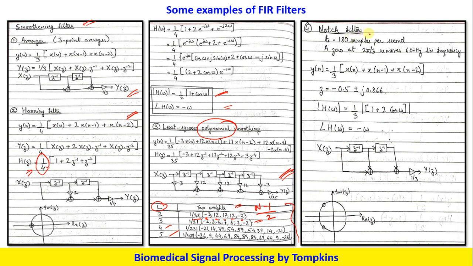Then coming to the notch filter, suppose you have fs equal to 180 samples per second, and a zero at 2 pi by 3 to remove 60 hertz line interference.